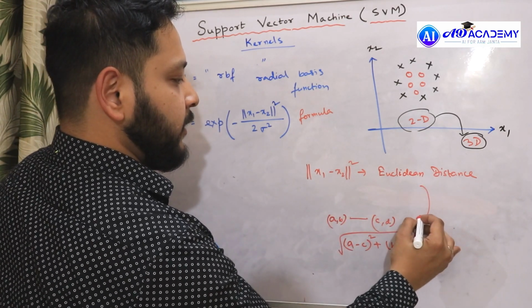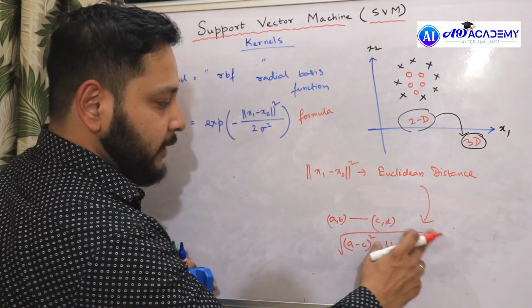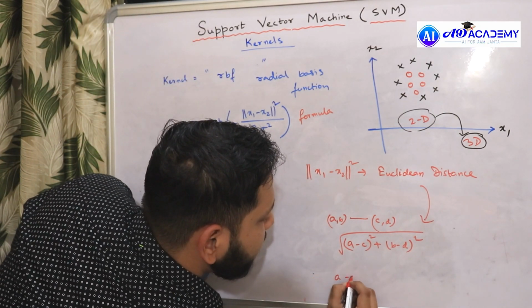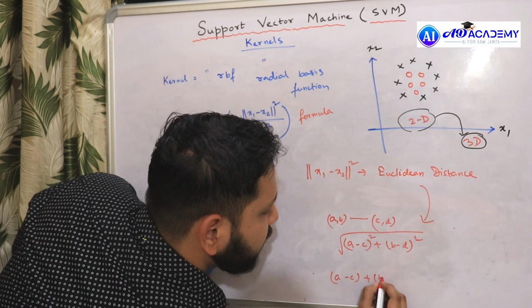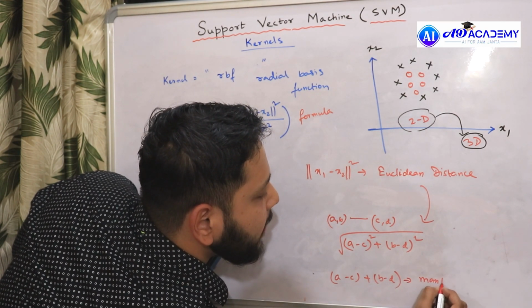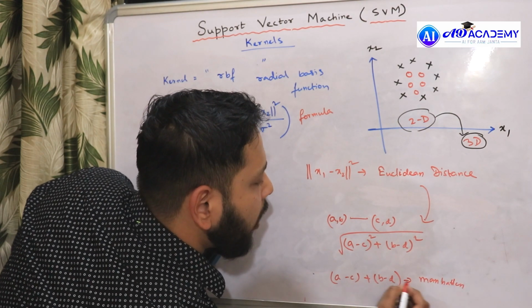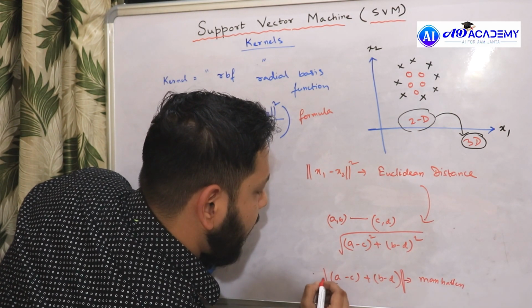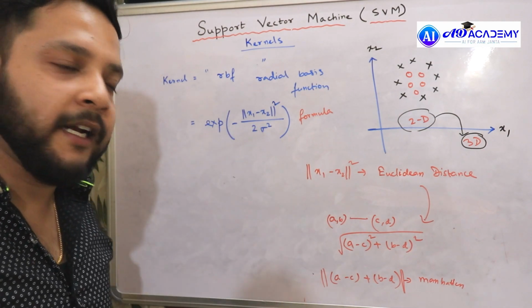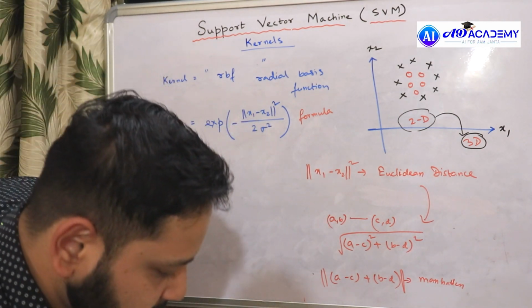This will give you the value of the Euclidean distance. What is Manhattan? For Manhattan, we take simply the absolute value of A minus C plus the absolute value of B minus D. This gives Manhattan. Right. So here we are using Euclidean distance, not the Manhattan distance.